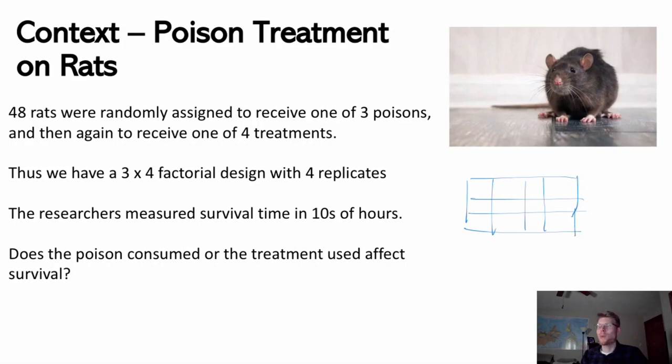So 48 rats randomly assigned across 12 combinations gives us 4 per combination. That's why we say that we have 4 replicates, because that will get us to 48. So does the poison consumed or the treatment used affect survival, and how might we model this relationship?